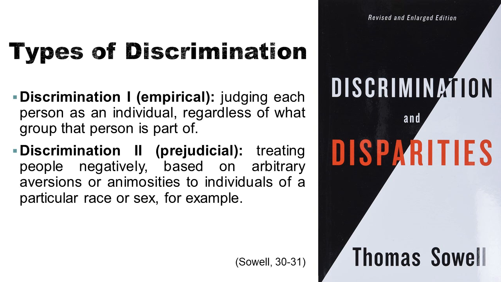There is discrimination on an empirical individual level where you are judging each person as an individual regardless of what group that person is a part of. He calls that discrimination 1. This is empirically based. This is basically where you are judging a person by the content of their character, right? And he says that's the ideal. This would be the type of discrimination where you are treating a person on their own merits.